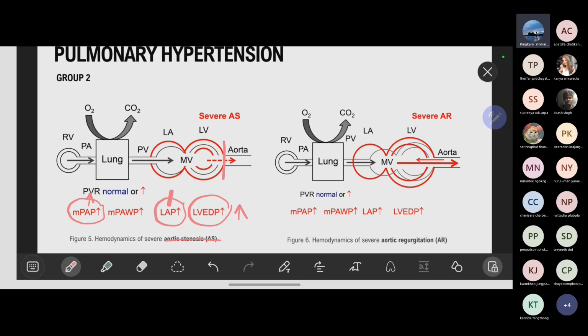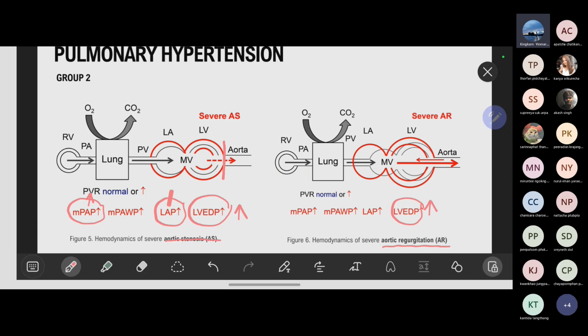And the diagram on your right side shows hemodynamics and pathology in patients with aortic regurgitation. Blood flows back to the LV during diastole, so LVEDP is increased rapidly.